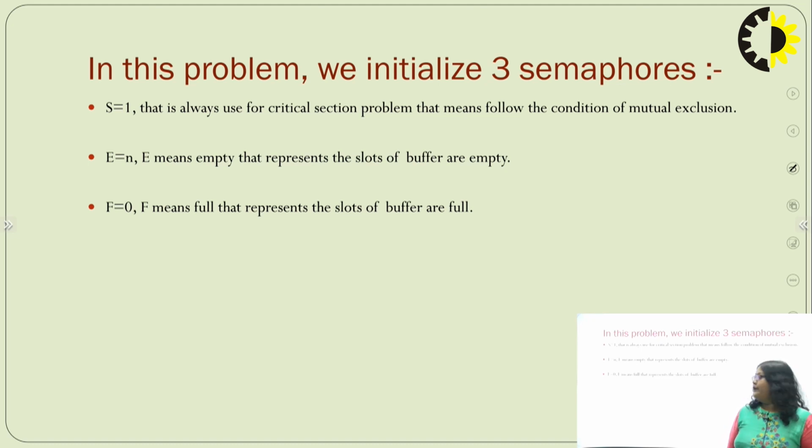F represents full, the slots of the buffer that are full. So E represents the empty buffer and F represents the full buffer. If F equals 0, that means the buffer has no full slots. If E equals N, that means the slots are free.